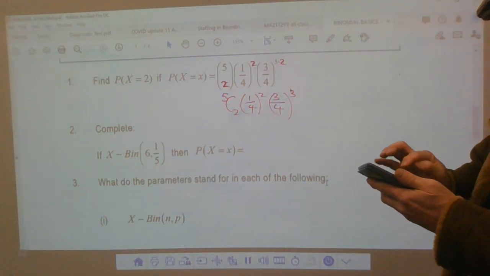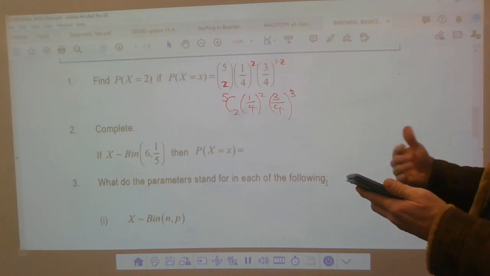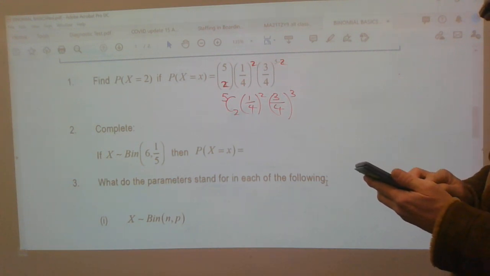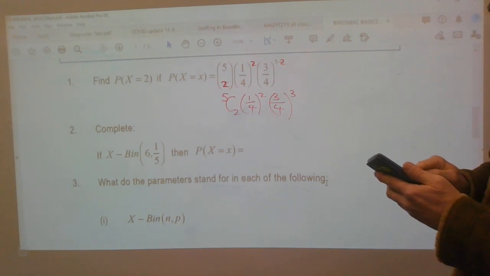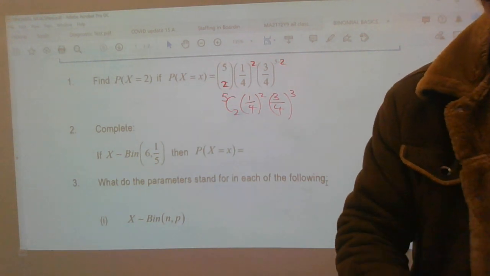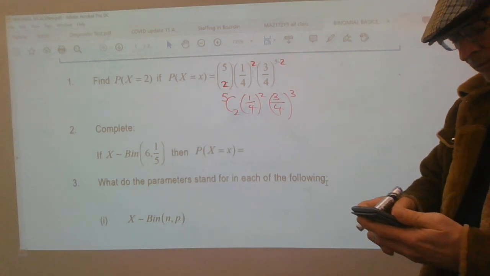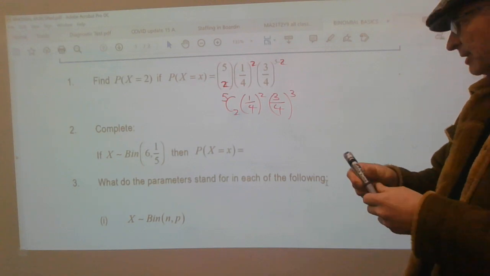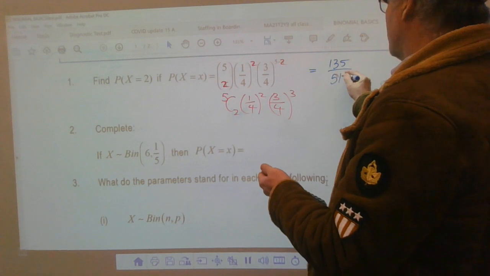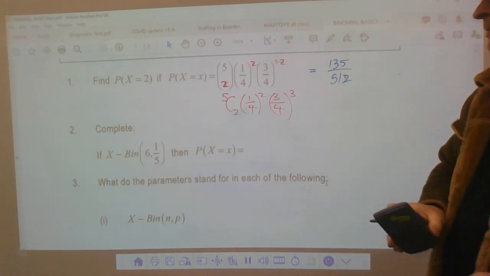So 5 shift divided by 2, that's 5c2, times a quarter to the power of 2 times 3/4 to the power of 3. And I get 135 on 512, which is better than the decimal. So I'm going to leave that as 135 on 512 instead of a big long decimal.